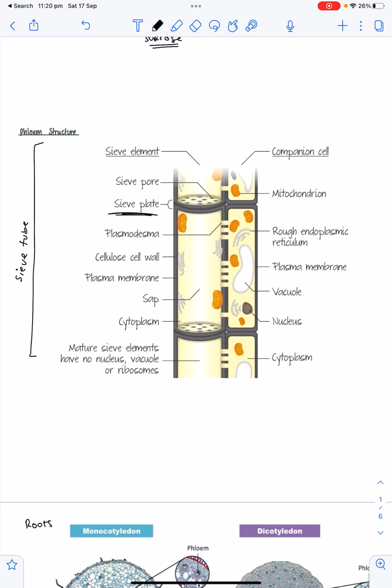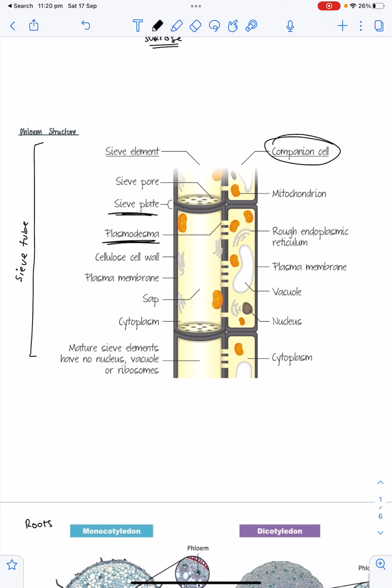However, people often describe them as cells that are on life support, meaning they require a lot of support from their companion cells. So companion cells are connected to the sieve elements by a bridge or a passageway called the plasmodesmata. This allows the companion cells to provide metabolic support to the cells and for the cells to communicate between each other. So the companion cells also have adaptations which aid with this.